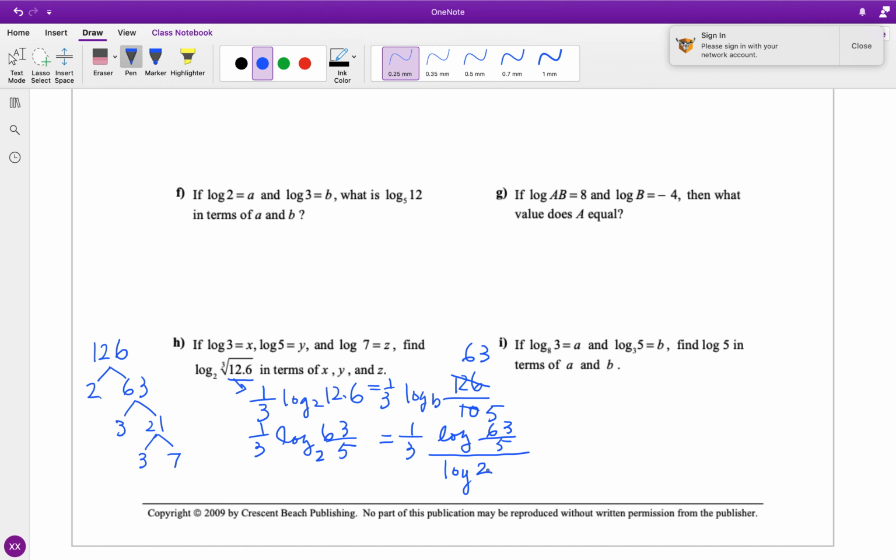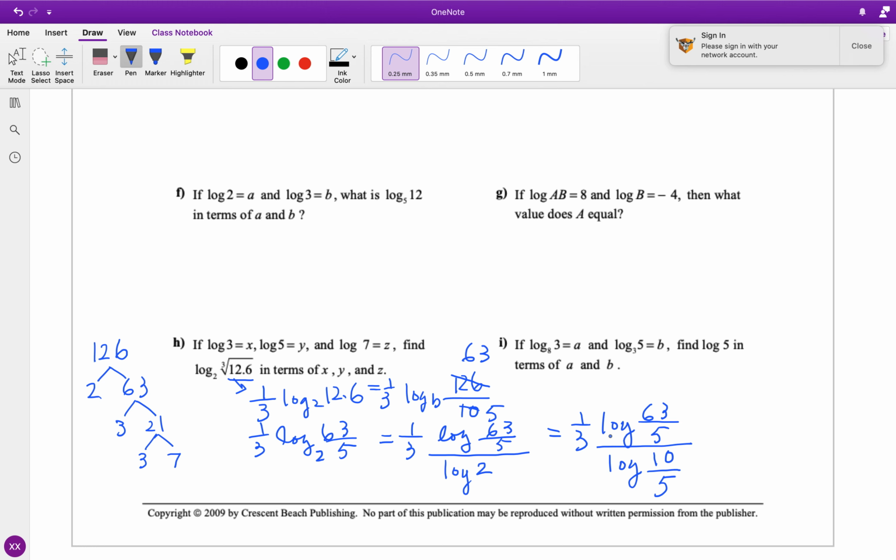Now log base 10 of 2 is log 10 over 5. Now we know that log 10 is just 1.